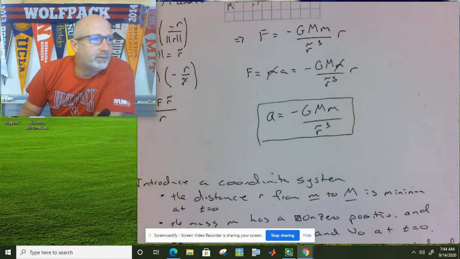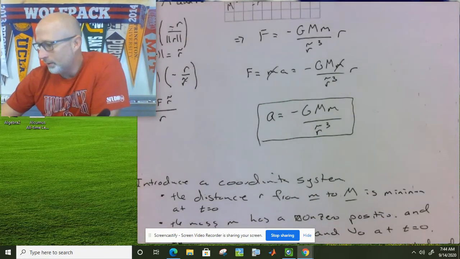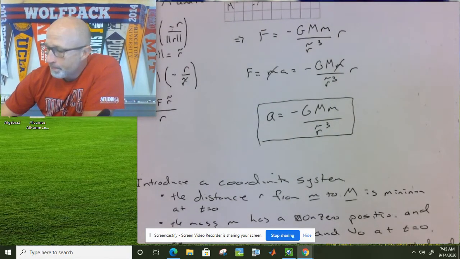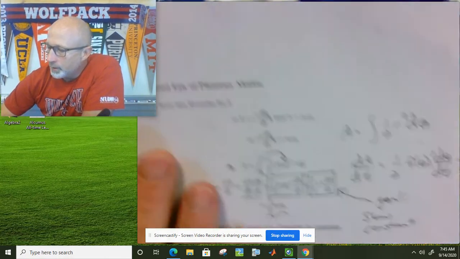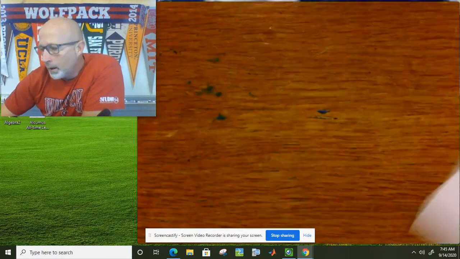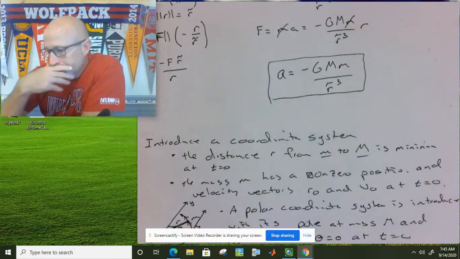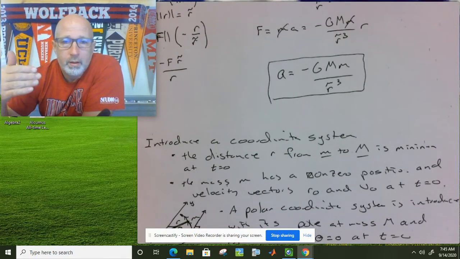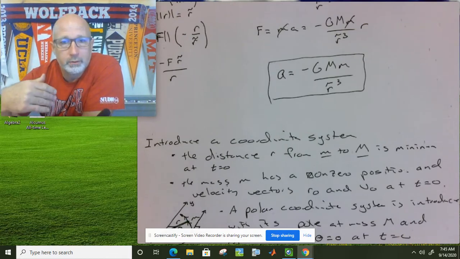The problem is it doesn't really seem like we're going anywhere with this. How do I bring in theta? I have this equation, I have d theta dt, and I have this equation, but I'm having a hard time understanding where the constant portion is going to come into play.